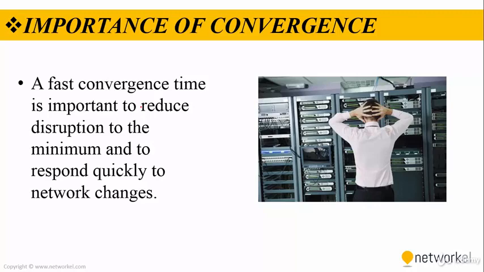Today, convergence is a really big and important point. For example, if there's a problem in your network, it needs to converge in 1 or 2 seconds. Some protocols take a really long time to converge, and they are not preferred in today's networks.